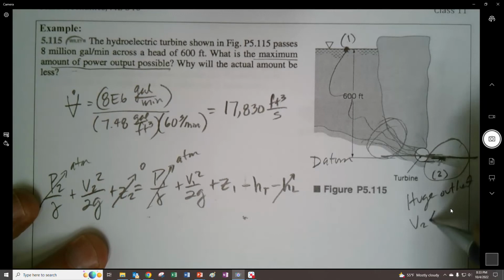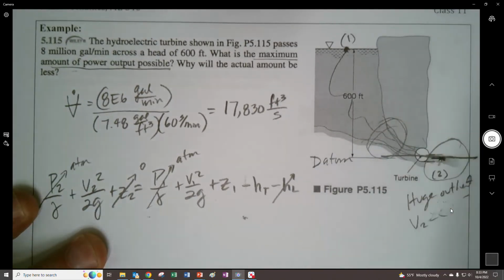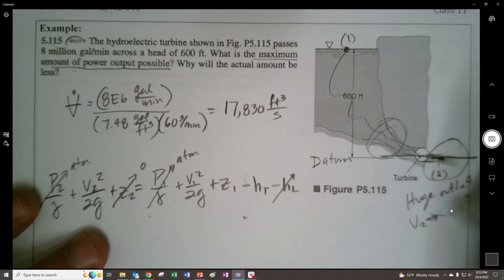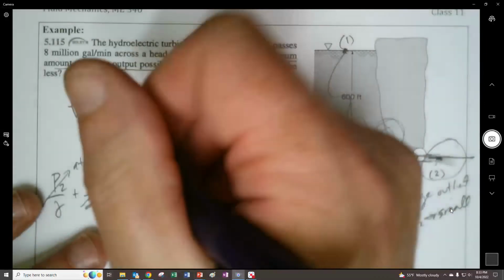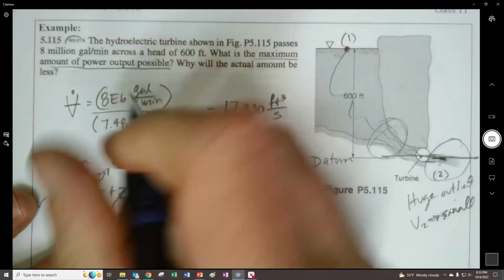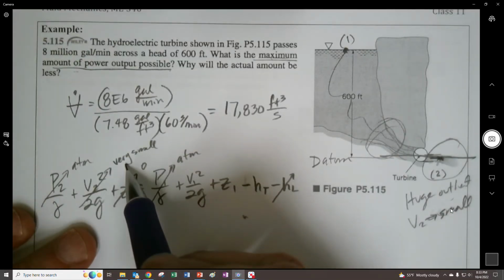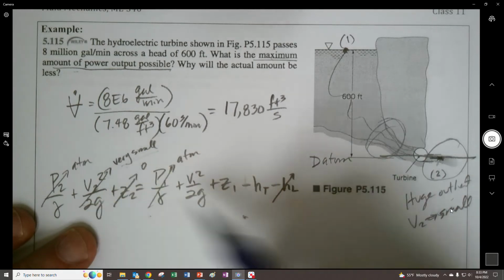V2 would be very, very small. As the area of the outlet gets larger, V2 gets very small. Because we want the maximum possible, we want this to be as small as we possibly can. So let's say this is so small that it's not going to matter.